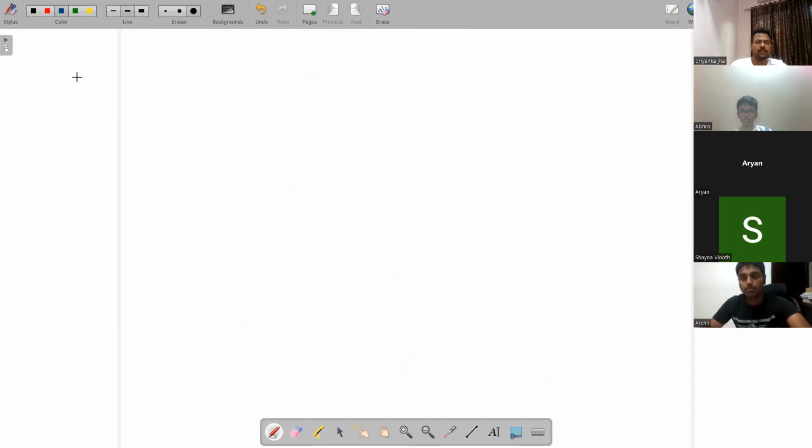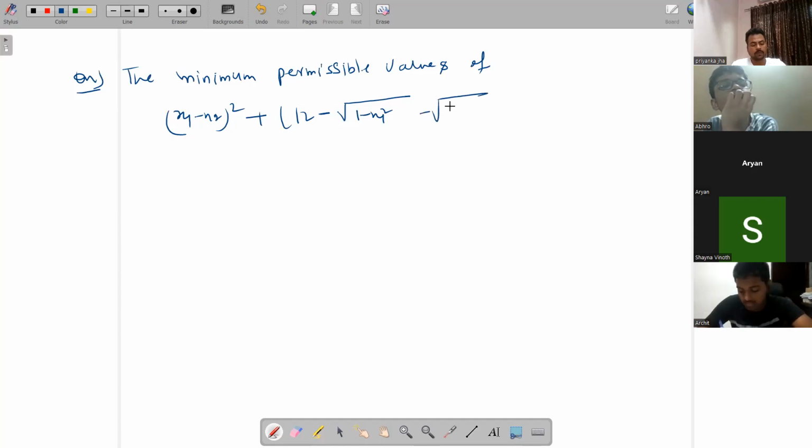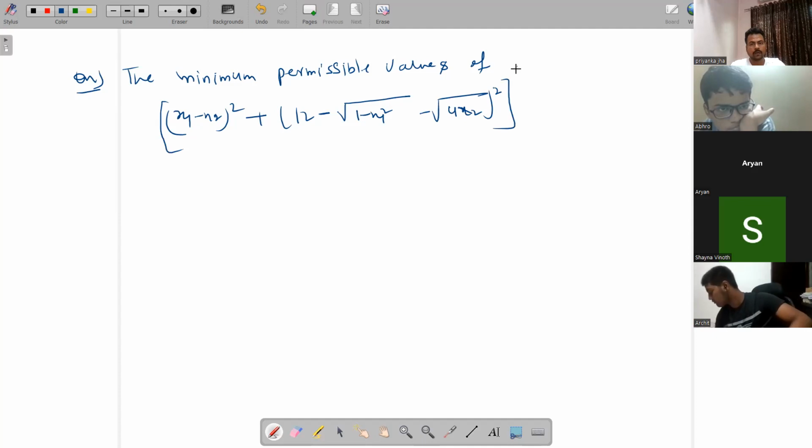The question says that the minimum permissible value of (x1 minus x2) whole square plus (12 minus under root 1 minus x1 square minus under root 4x2) whole square, power half.